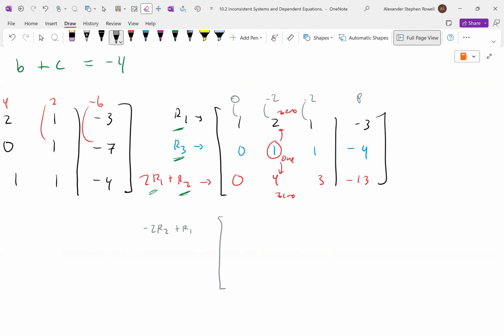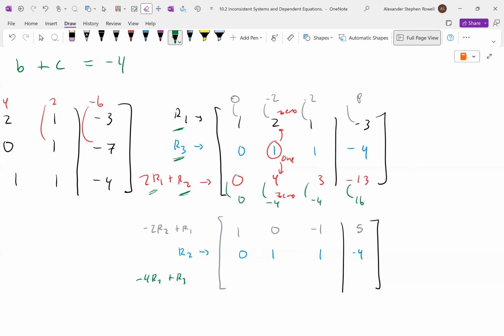So now I want to add these all to row 1 to make 1, 0, -1, 5. Any questions about that? We'll keep row 2 the same. And now I want to eliminate that 4. So I'm going to do -4 row 2 plus row 3. -4 times row 2 would be 0, -4, -4, 16. And I add all of these together to make 0, 0, -1, 3.